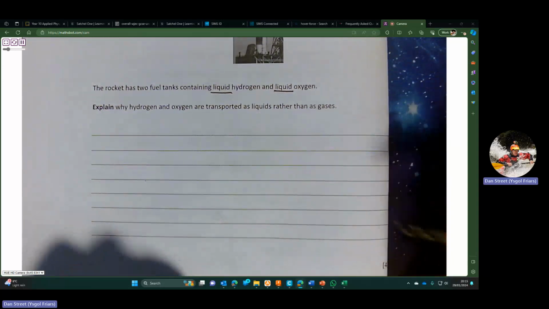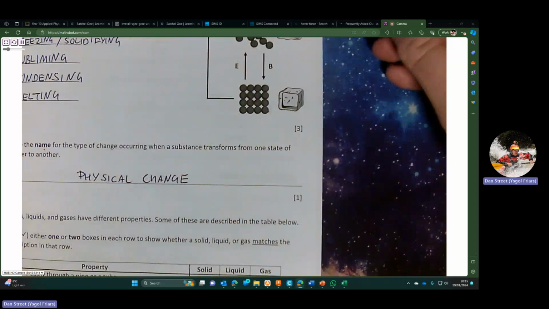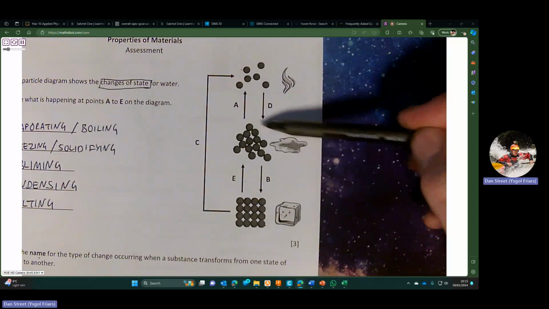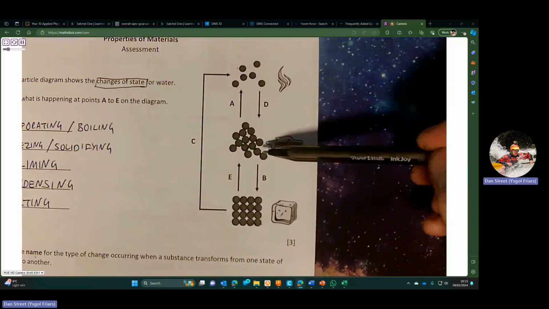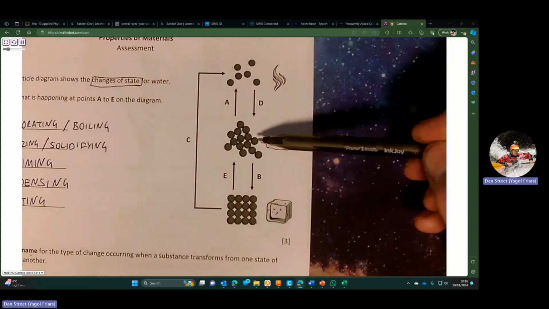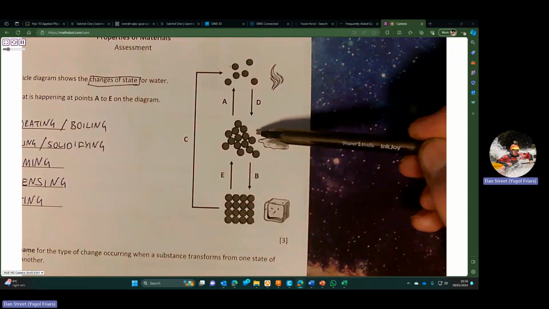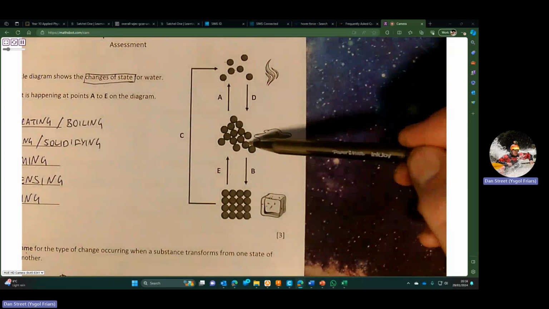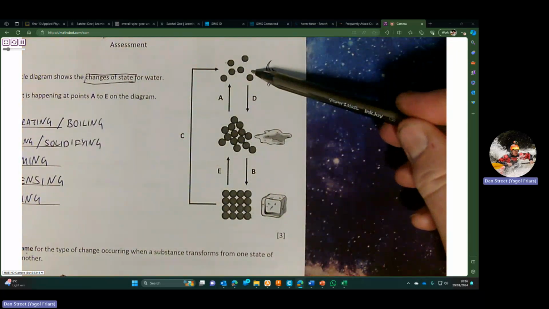If we look at our diagram from the front here, this is the gas where there's lots of space between the particles. This is the liquid where they're squashed together. So basically, if you transport your hydrogen and oxygen as a liquid, you can squash more hydrogen and oxygen into the same space as you would with a gas.